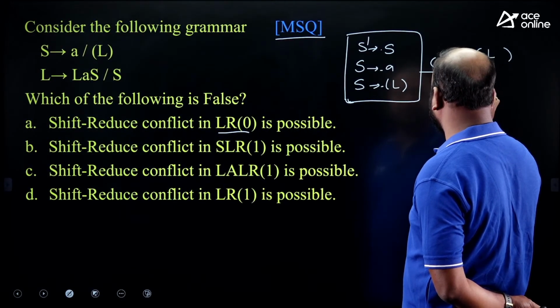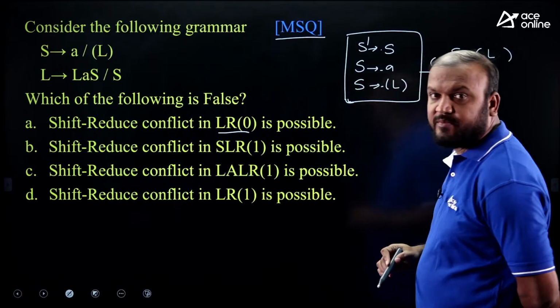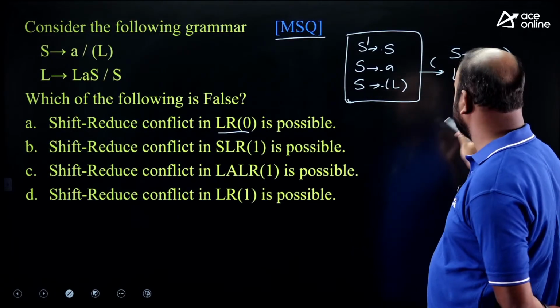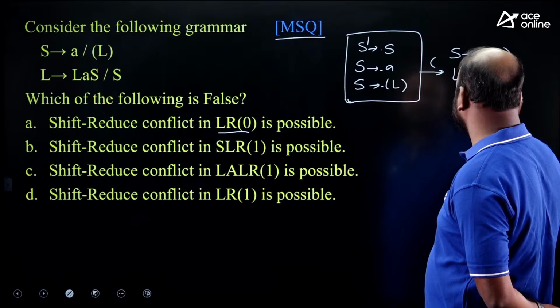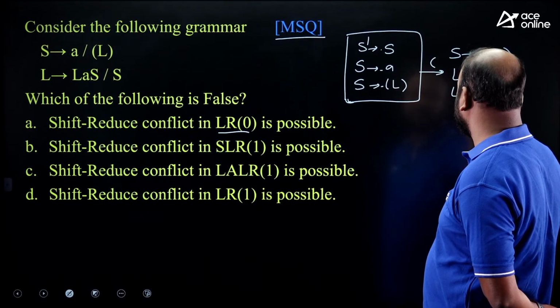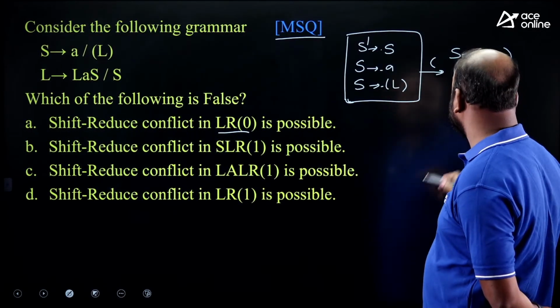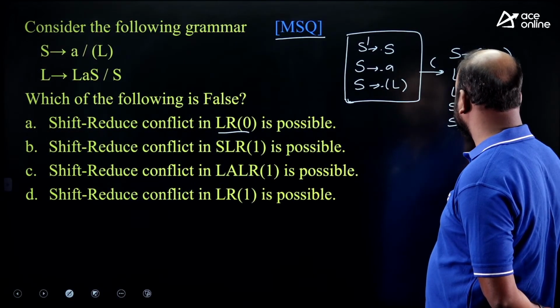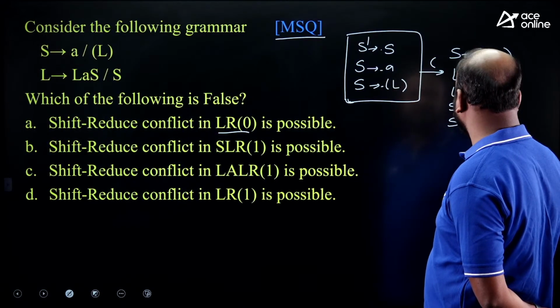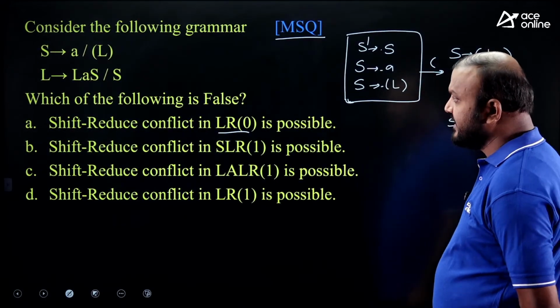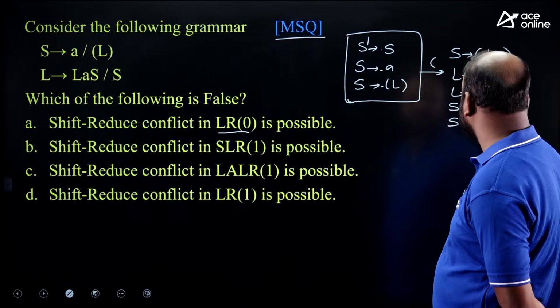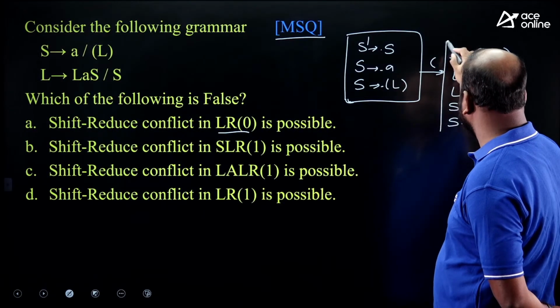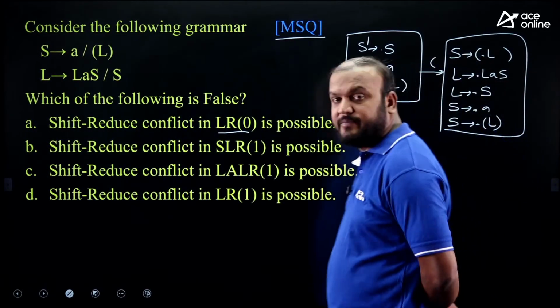Dot L means L productions. We have two L productions: dot L A S and dot S, L tends to dot S. Because dot S is there, S productions: S tends to dot A, and S tends to dot open, L close. And here also you don't expect any conflict.